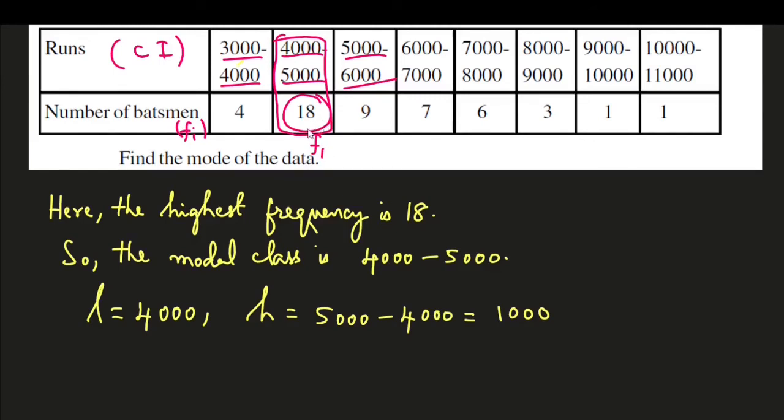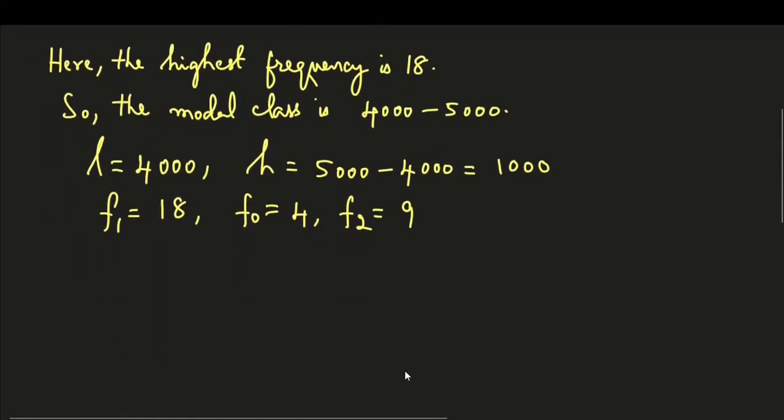F1 is 18 here. The frequency of the class interval preceding the modal class is denoted as F0. F0 is 4 here. And the frequency of the class interval succeeding the modal class is denoted by F2. Here F2 is 9. Let us write the values here. F1 is 18. F0 is 4. F2 is 9.